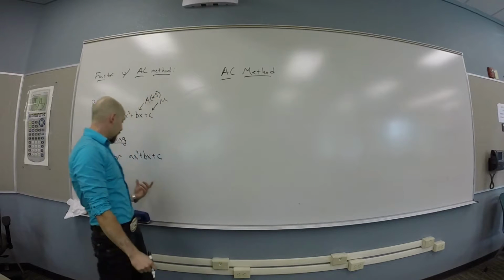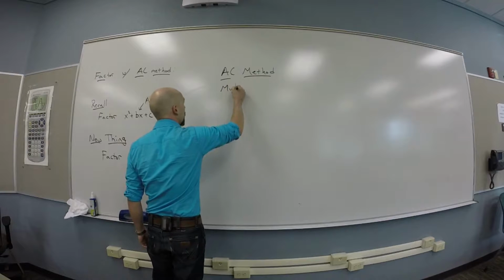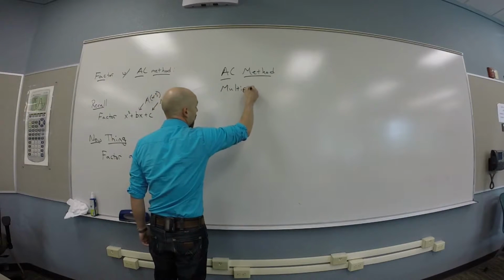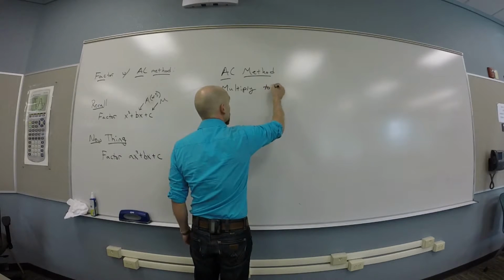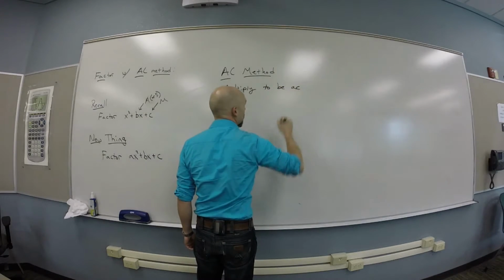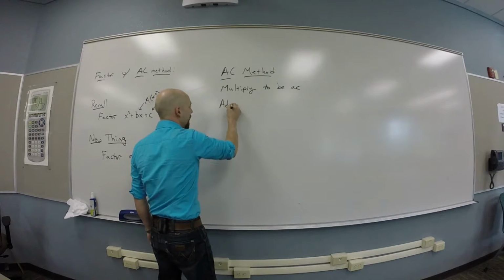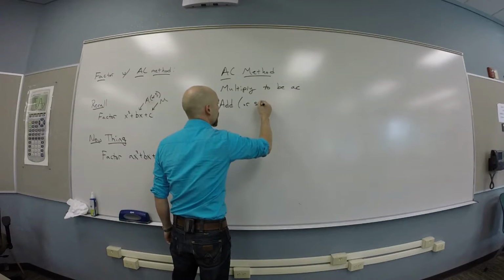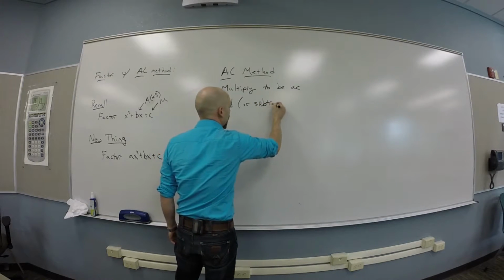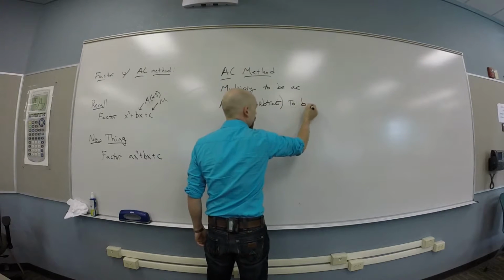So the AC method works this way. We look at something like this, and we look for two numbers that multiply to be AC and add or subtract to b.